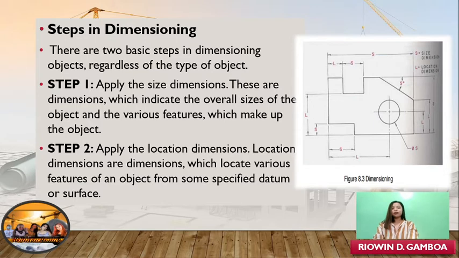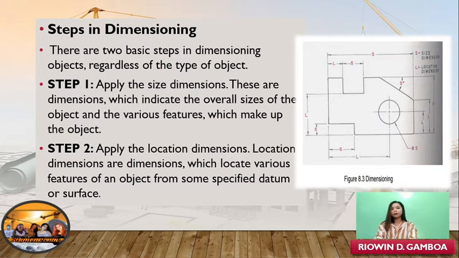So, generally, dimensioning involves identifying the location and size dimensions. Size dimensions determine the overall size and shape of the drawing, and the location dimensions typically determine where different entities are located within the drawing.